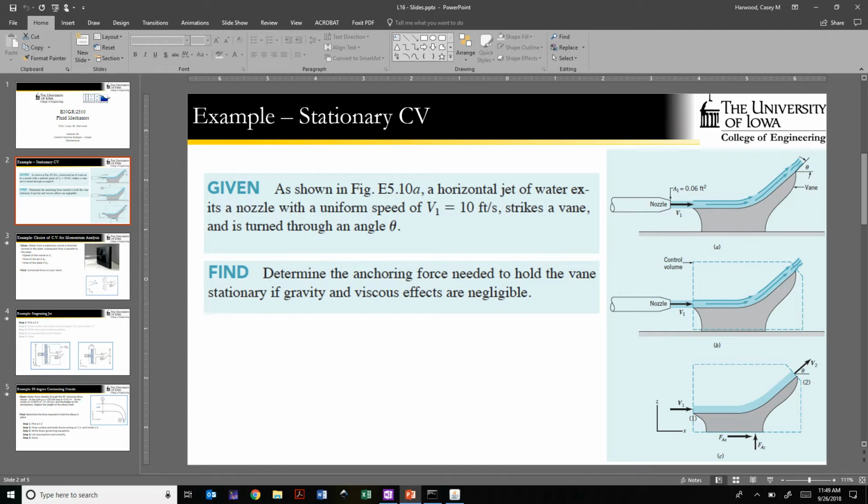The question is, if we're given the velocity V1 and the angle theta, can we figure out what the anchoring force in x and in y is necessary to hold this vane in place?